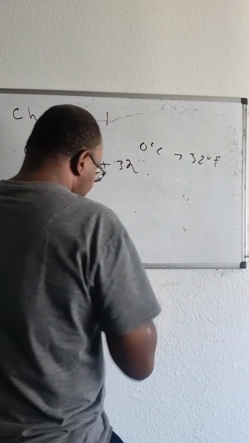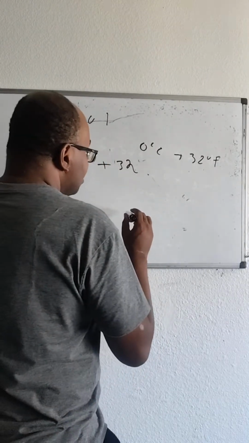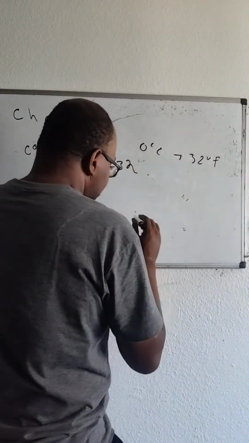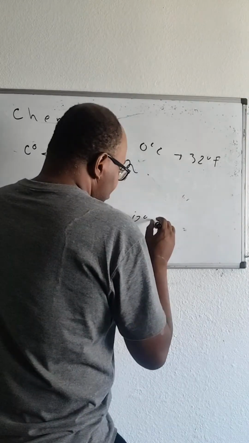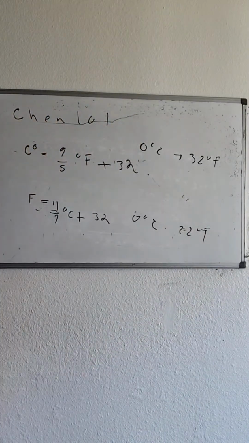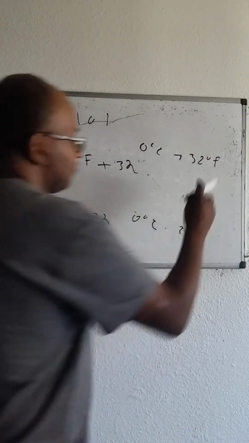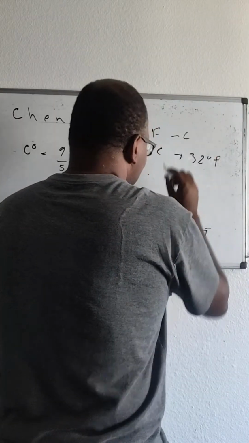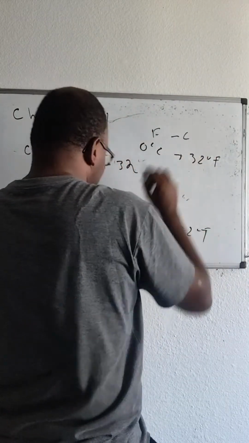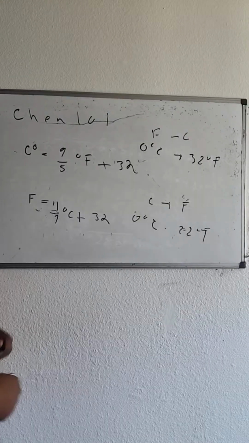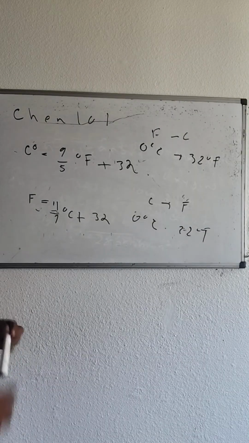So 0 degrees Celsius gives me 32 degrees Fahrenheit. I should have put Fahrenheit to Celsius. So Fahrenheit to Celsius and Celsius to Fahrenheit. There we go.